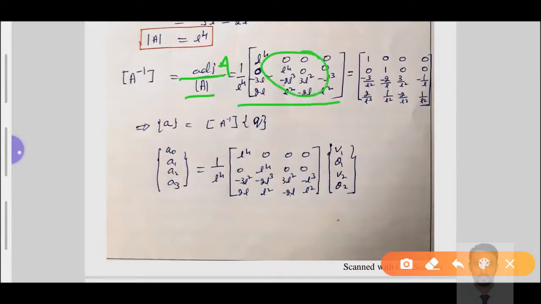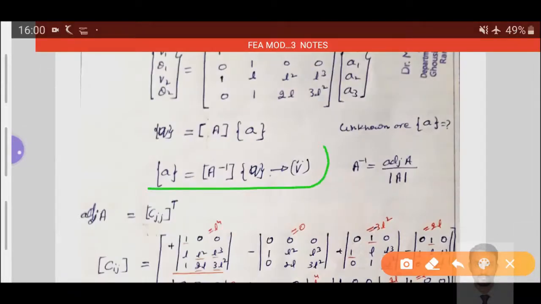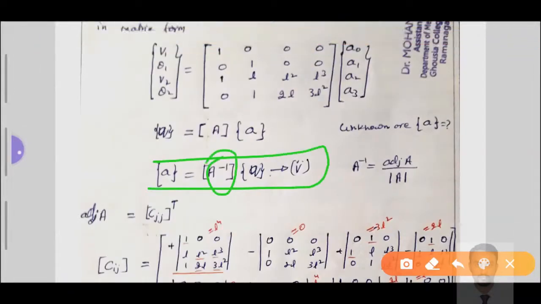After substituting this adjoint matrix of A and determinant of A, we get this equation. This is the adjoint matrix and the determinant. So this matrix yields to this. Then A inverse of Q is equal to this equation, and phi becomes this equation. We have found this value, and that value is substituted here.